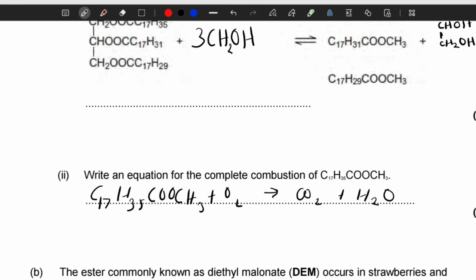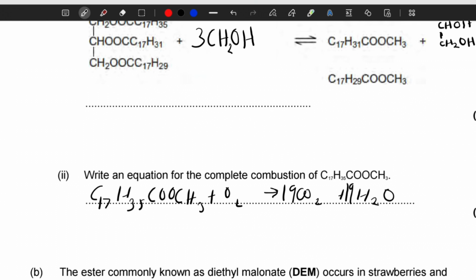Okay guys, so obviously we need to balance it. So there's 19 carbons on the left hand side, so we need 19 carbons on the other side, and then we have two oxygens on the left hand side, we have 3 oxygens on the other side, so we need to make that equal. And also on the left hand side they have 38 hydrogens, we only have 2 hydrogens, so we need to make that 38 hydrogens, so 19 water.